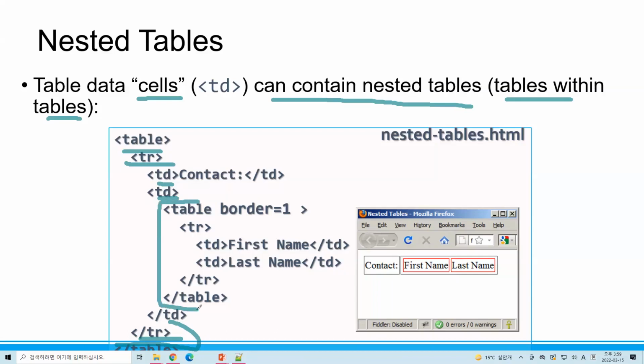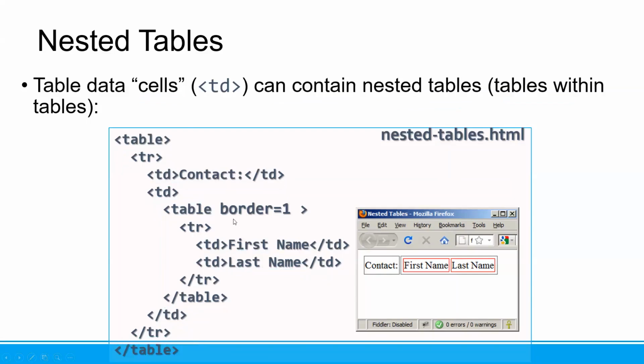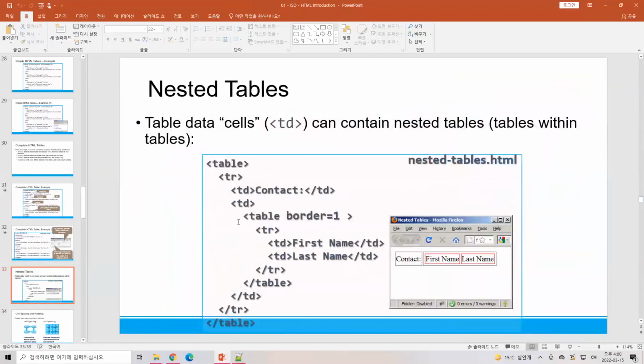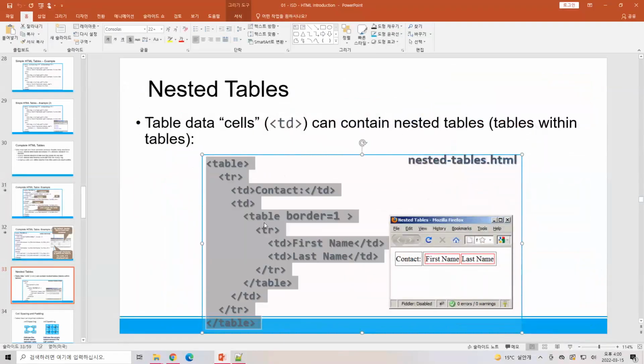In this case, it is the personal information. The first is I want to get any context. This is the first cell, and the second cell is to show the first name and the last name. Maybe the color is not the same.